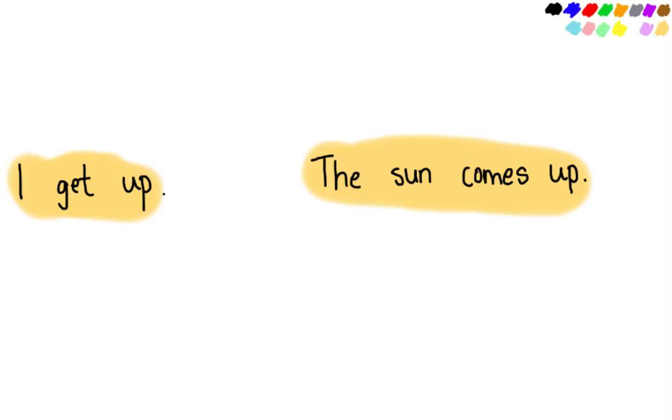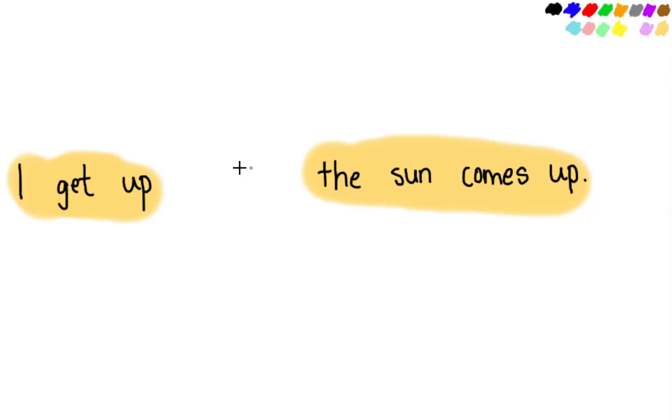Now, I can make these into one sentence by removing the full stop, removing the capital letter, make this a small t. So I get up. Well, when do I get up?